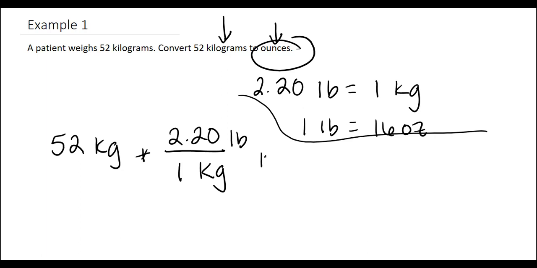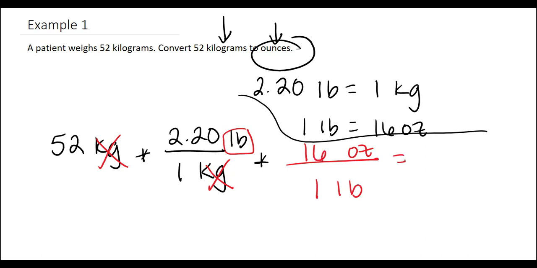Then we need to get rid of the pounds, because we need ounces. So we go 1 pound to 16 ounces, and then we can cross out the pounds.